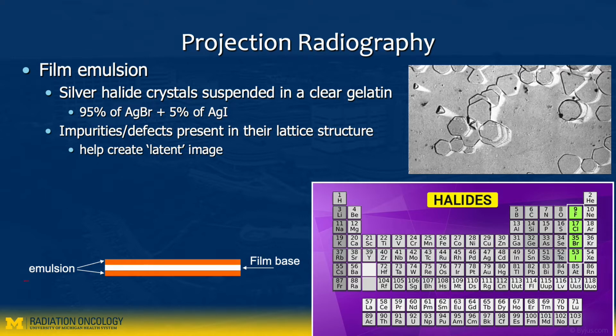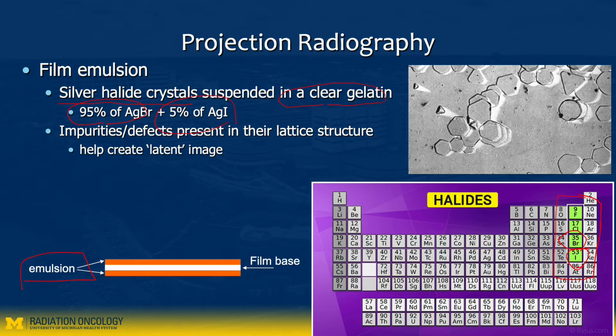So what is inside this emulsion? Inside the emulsion, there are silver halide crystals. They're suspended in this clear gelatin material. That's what we call emulsion. As you all understand, in the periodic table these are halides, and typically it is silver bromide or silver iodide. Some are actually a combination of, typically, 90-95% silver bromide crystals and 5% silver iodide crystals.